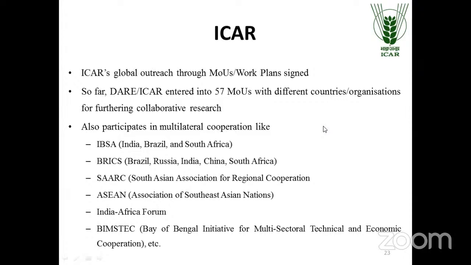So ICAR also works through memorandums of understanding and different work plans to have global outreach. So far, they have 57 MOUs with different countries and organizations for collaborative research. They also take part in multilateral cooperations like IPSA, BRICS, SAARC, and other organizations.